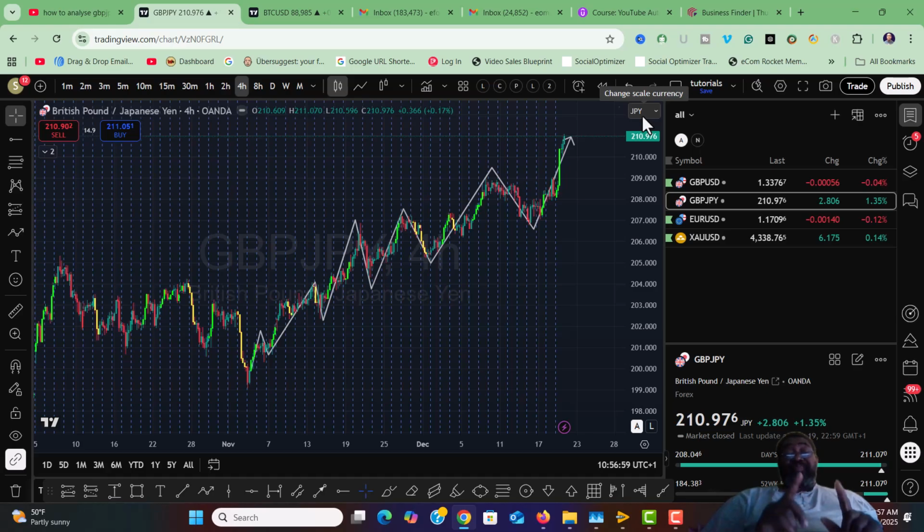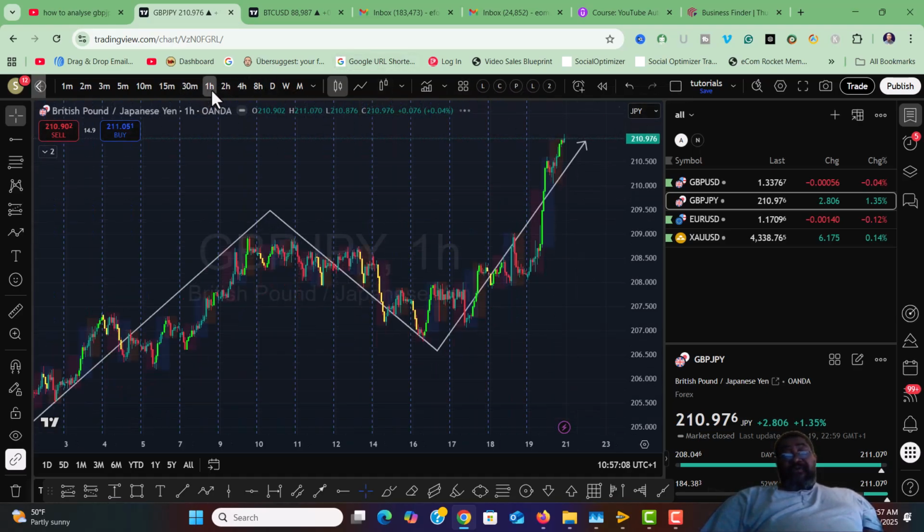We have to move to 1 hour to see if 1 hour really aligns with 4 hours. So what I will do here, I will start from here. I don't need to do all the market structure, I will just start from down here. We have higher high here, we have higher low, so we have higher high.